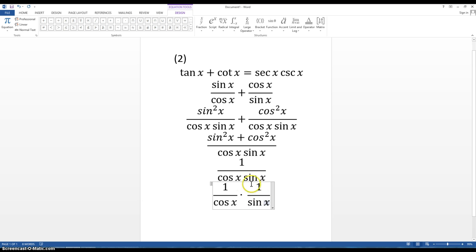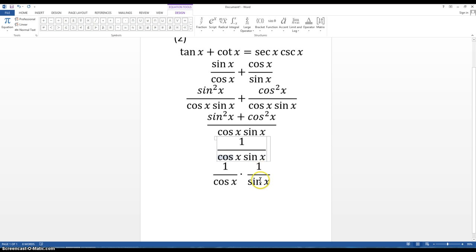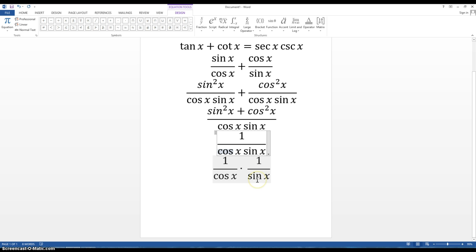Okay, so do you agree that if I multiply this fraction right here times this fraction right here, if I do top times top, I get 1, which is this number right here. And if I do bottom times bottom, I get cosine of x sine of x, which is this denominator right here. So I didn't do anything to my problem.